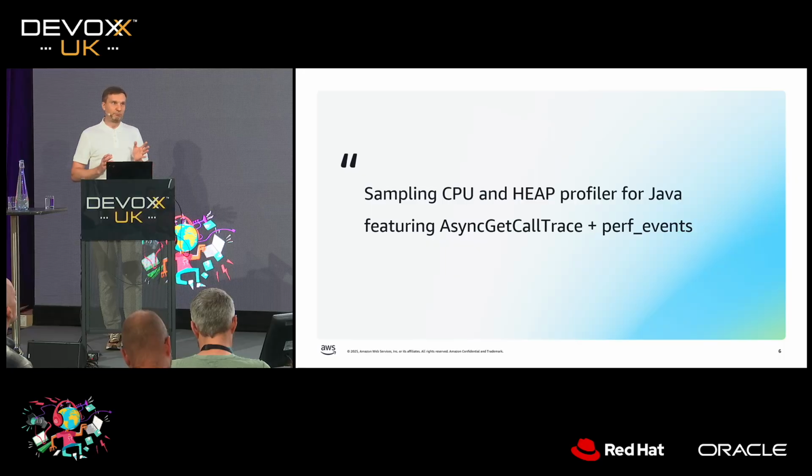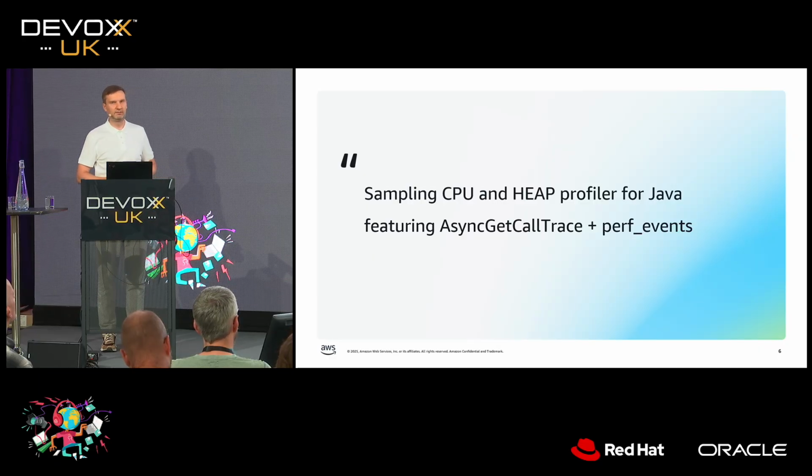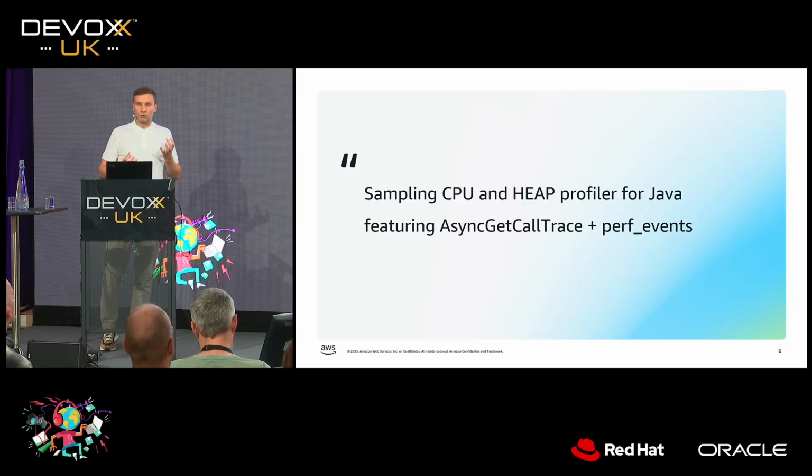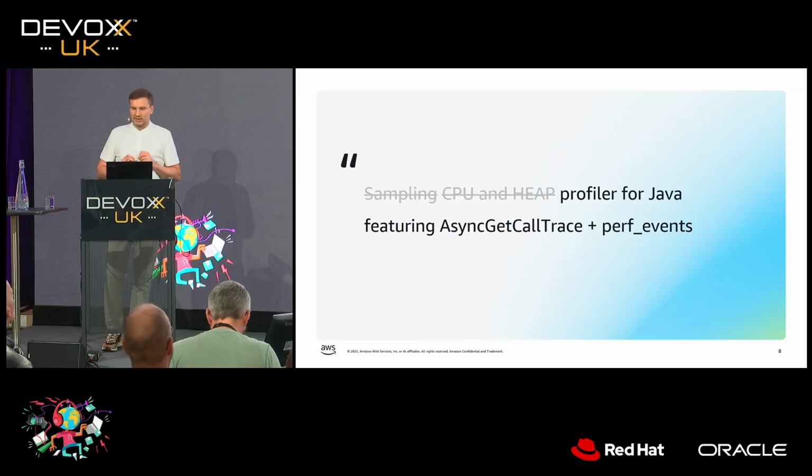For a long time, Async-profiler was described as a sampling CPU and heap profiler for Java, featuring JVM internal APIs and Linux perf events. While it was an accurate definition since the appearance of the project, it covers only a small part of what the modern version of Async-profiler can do today. First of all, it's not always sampling. It also has instrumentation capabilities, as I will show you today. It's not only about CPU and heap profiling.